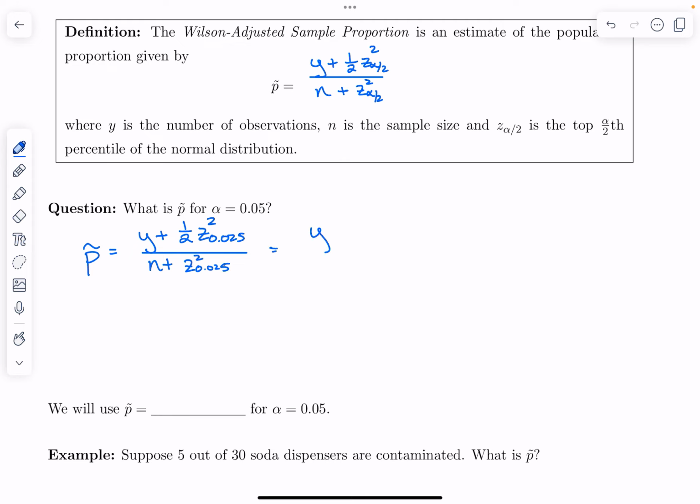Now, what is the top 2.5 percentile of the normal distribution? Well, the number is a number you should recognize. It's 1.96.